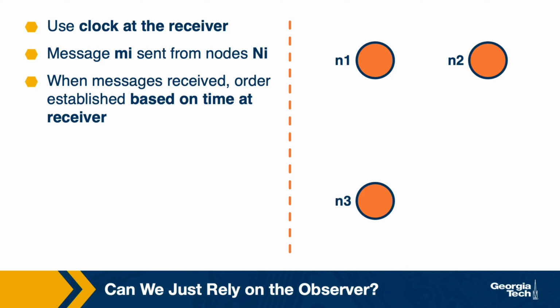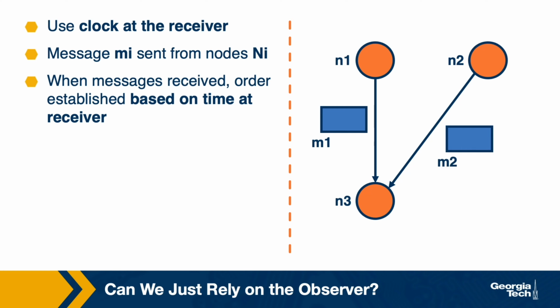When we have a system with 3 nodes, as in this figure, let's say N3 receives messages from the other 2 nodes about the events that have taken place there. N1 sends a message, N2 sends a message, and N3 receives both of these. Let's say it first receives M1, then it receives M2, and then determines that the 2 events have occurred in the corresponding order.